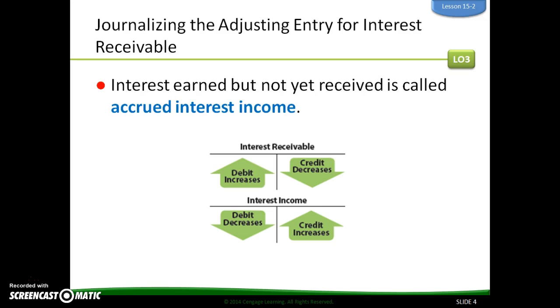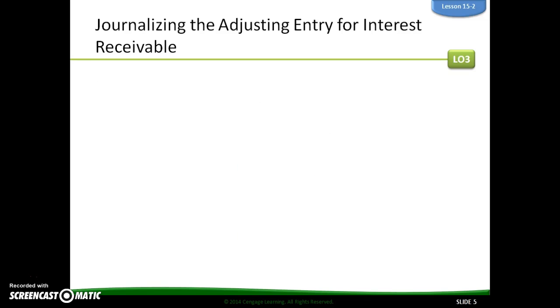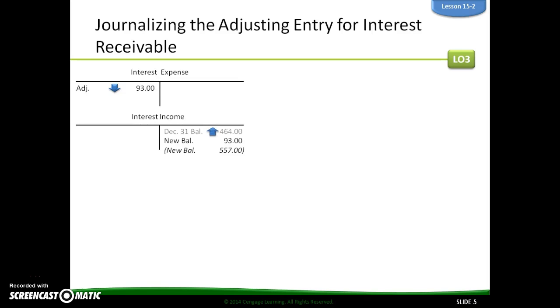In interest receivable, a debit is an increase and a credit is a decrease, so that's an asset. And in interest income, a debit decreases and a credit increases.